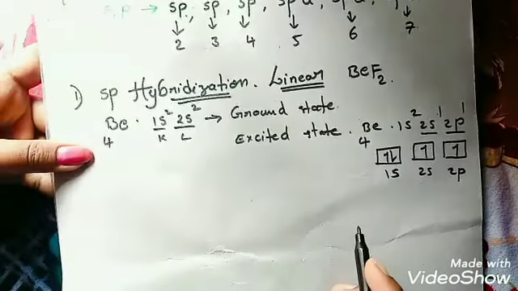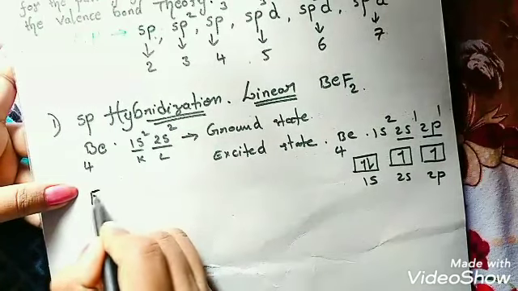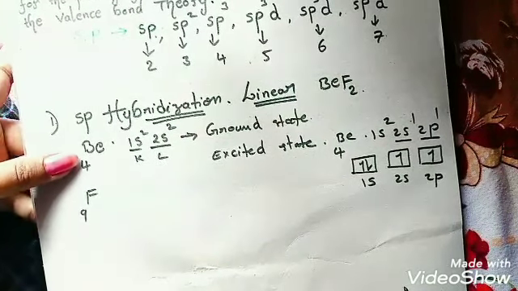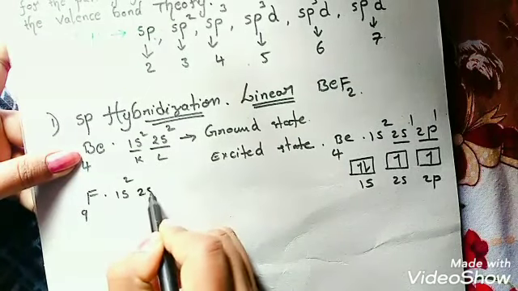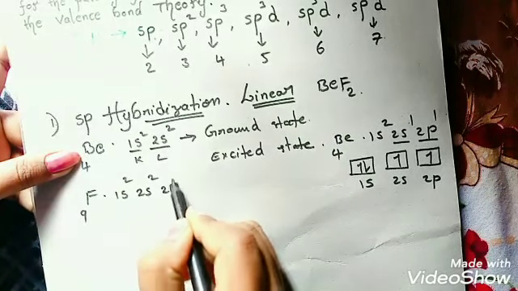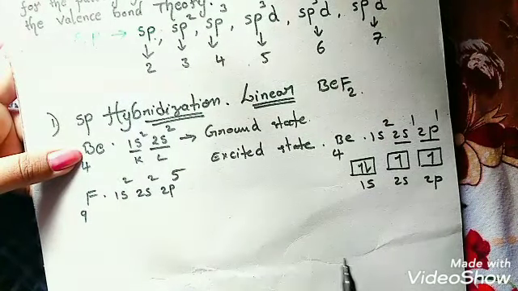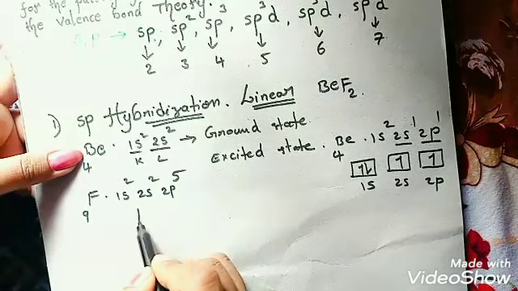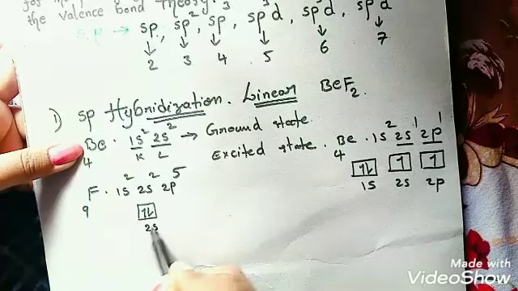See students, let's get into that BeF2. Fluorine, atomic number 9, and the electronic configuration 1s2, 2s2, 2p5. Okay students, so this is 2s orbital, has 2 electrons.